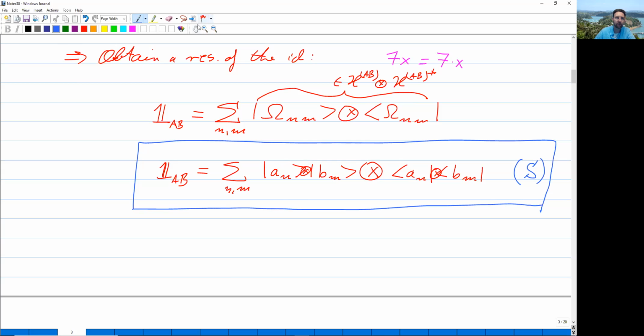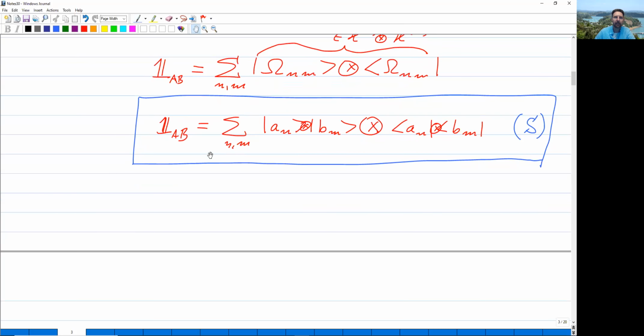Okay, so we have a resolution of the identity in terms of the basis vectors of the constituent systems. We can now use the resolution of the identity in the same way that we've used it before, for example, to write some abstract equation in a basis.